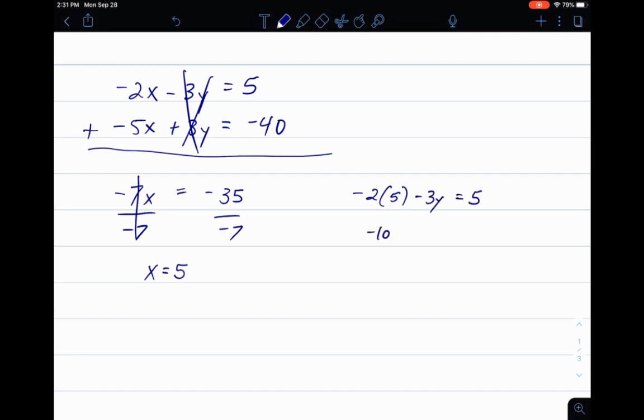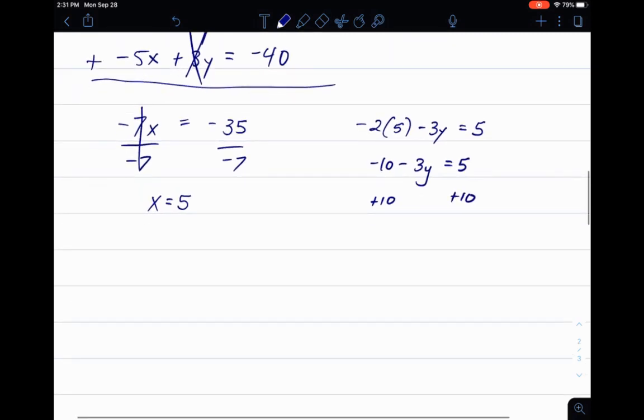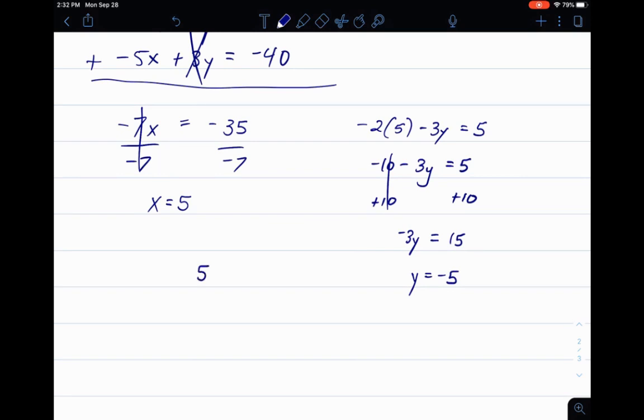We get negative 10 minus 3y equals 5. Add 10 to both sides. So y should be what? Negative 5. So we have the point 5, negative 5 as our solution.